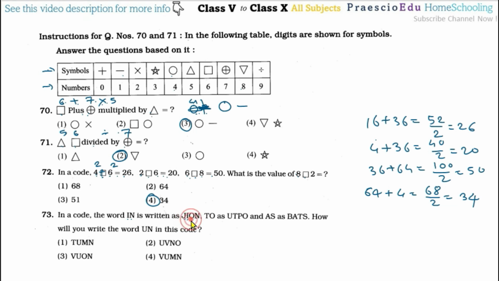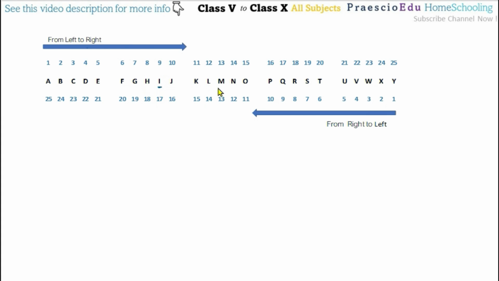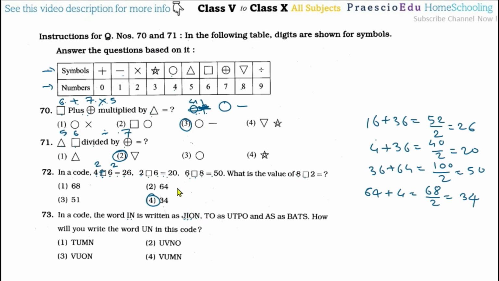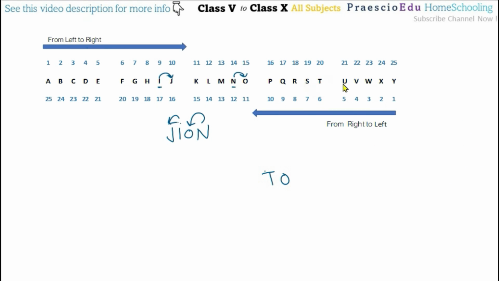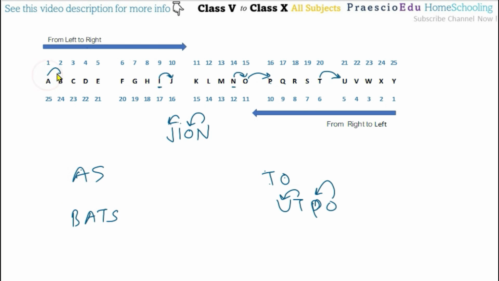Now in the alphabet, I and N: after the I there is a J and after the N there is an O, but it is written JION, so I has the J, meaning the next alphabet comes in front. O has the next alphabet P, but it is written as before the O. On this basis, TO is written as UTPO. O has the next alphabet P and T has the next alphabet U, but written previously. AS is written as BATS: A has the next alphabet B but written previously, and S has the next alphabet T but written previously.